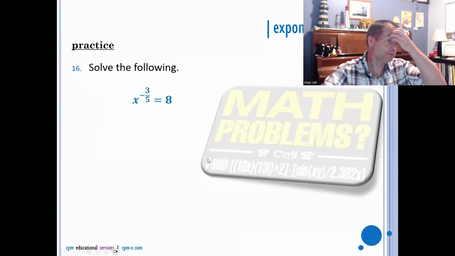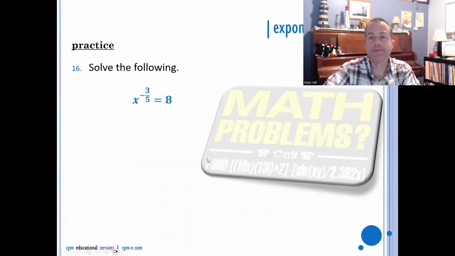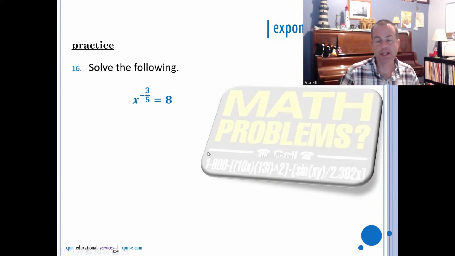Now, for the next few, we're just going to start switching up the types of questions, because I want to make sure I give you one of everything you could see so you're comfortable with everything. So here, what I want you to think about is the variable is not in the exponent. The variable is actually a base. So what I'm trying to get rid of right now is that exponent.